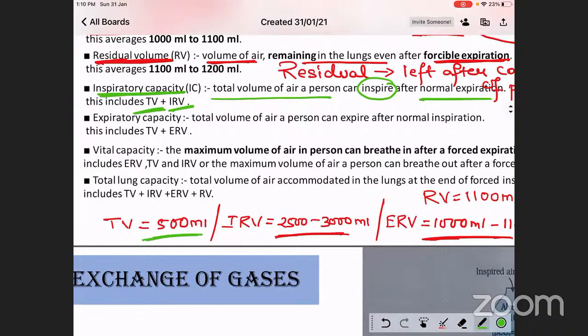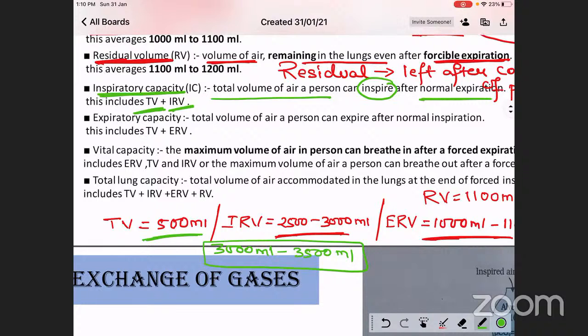If we add both of these, it will come around 3000 ml to 3500 ml. Okay, this will be the range of the inspiratory capacity, meaning this much amount you can inspire.